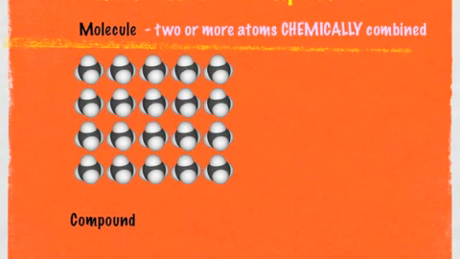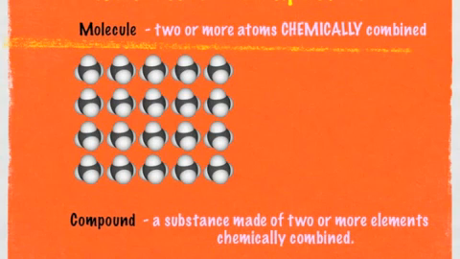One definition of a compound is a substance made up of two or more elements chemically combined. That sounds almost the same as the definition for a molecule. Two or more atoms chemically combined is a molecule. Two or more elements chemically combined is a compound.